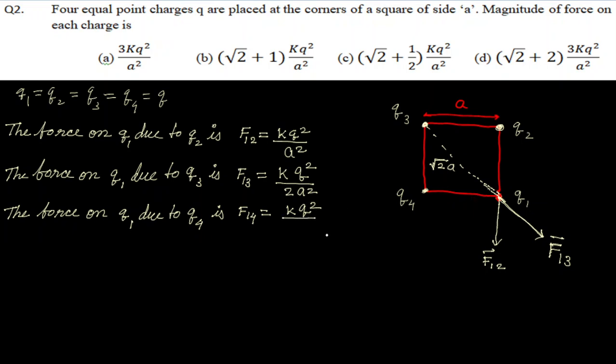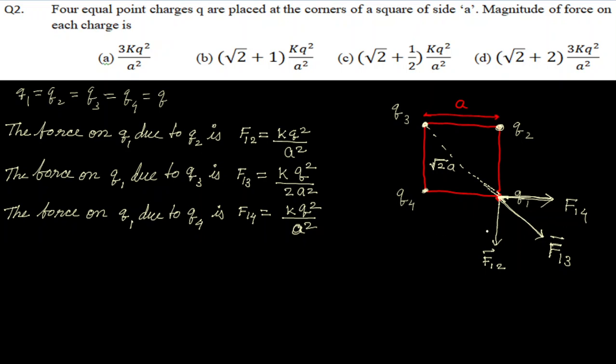So in this case, the distance between Q1 and Q4 is again the length of the side of the square, so it will be A square. Okay, and what will be the direction of F14 force? This will be along this direction. This is the direction of F14 force.